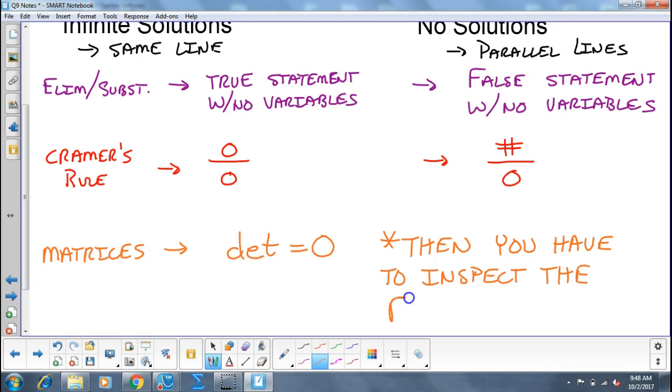What I mean by that is you have to look at your two equations and determine if they're the same or if they're different.